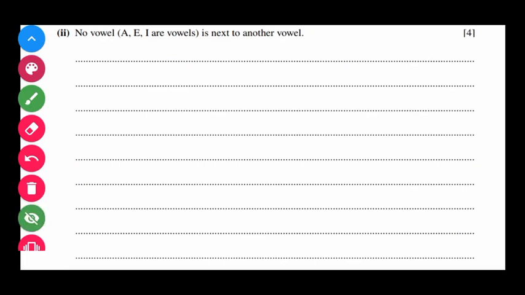So our word is M, I, N, C, E, M, E, A, T. No vowels are next to another vowel. So think yourself, pause the video and do its calculation. Okay, let's go for the next one.